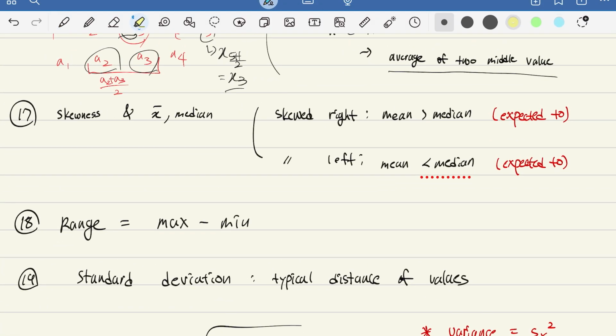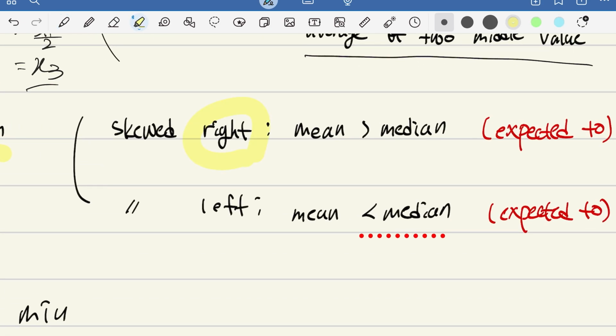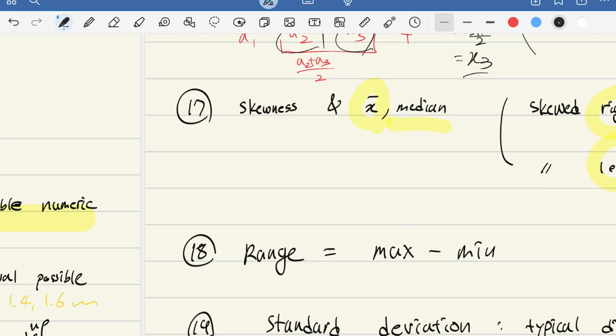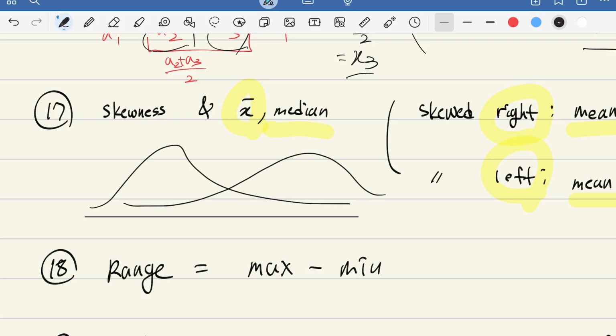Now let's talk about the skewness of the mean and the median. When a graph, which I refer to as a dot plot, is skewed right, the median is smaller than the mean. But when it's skewed left, the mean is smaller than the median. If I represent it on a graph, let's say there's a graph skewed right like this and skewed left like this.